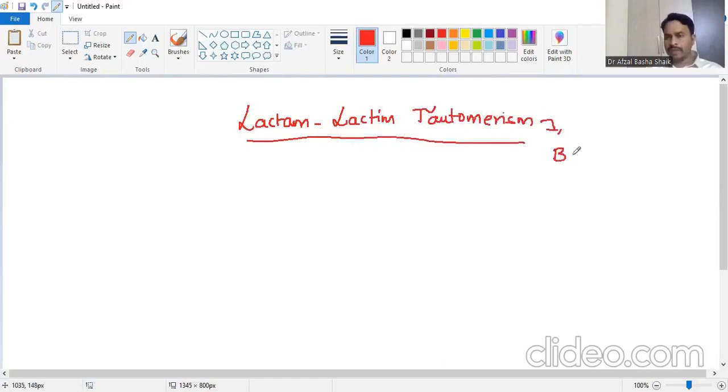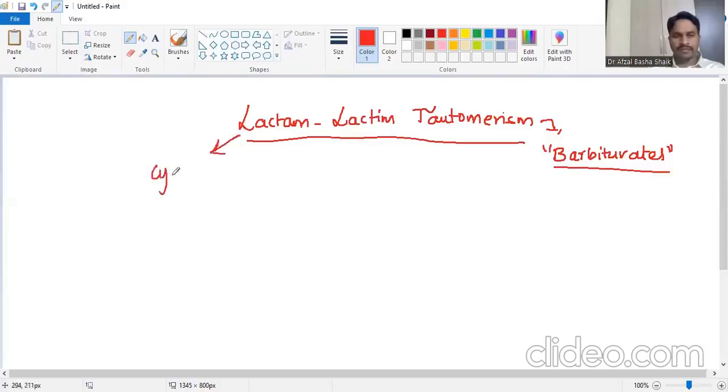This will be exhibited by barbiturates. So in competitive examinations, they will ask, barbiturates will exhibit dash type of isomerism, that is lactam-lactim tautomerism. So before going to the details of the barbiturates, we should understand what a lactam is. Lactam means cyclic amide.